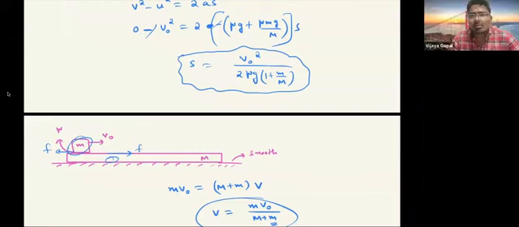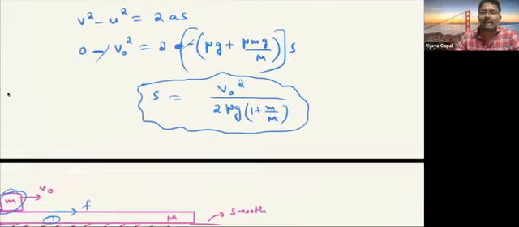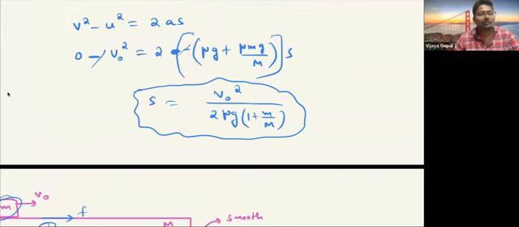Now we have found the displacement of this small m block. Similarly, you can find the displacement of the capital M block also, by again using V square minus U square equal to 2AS, since both will travel to the right side. Then I'll just subtract the displacements of those two, and I'll get the final answer.